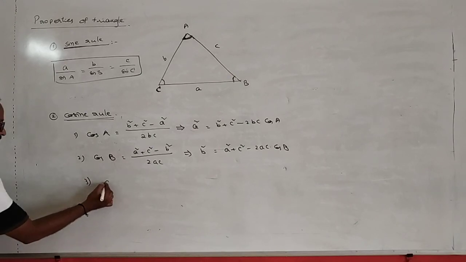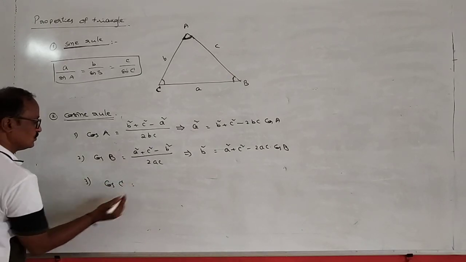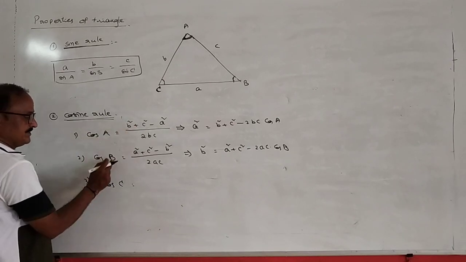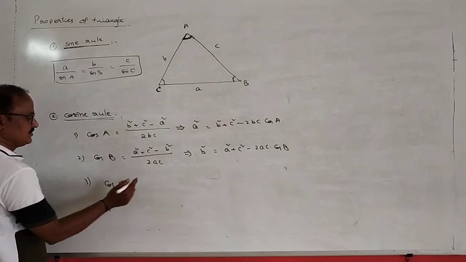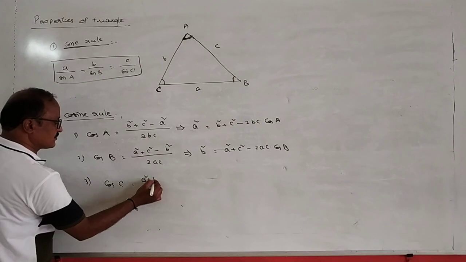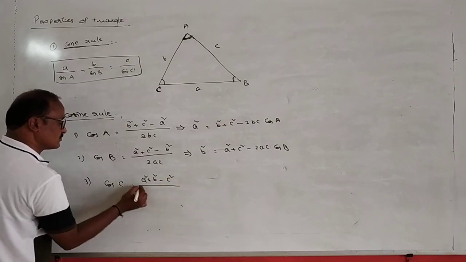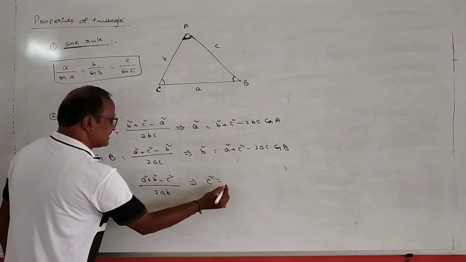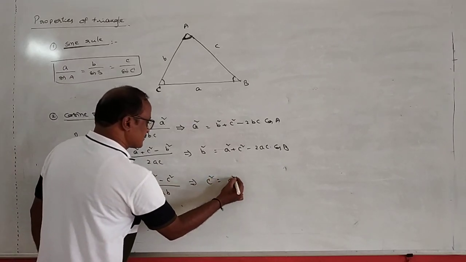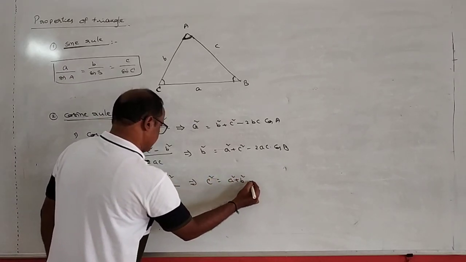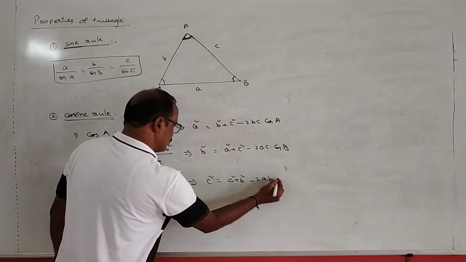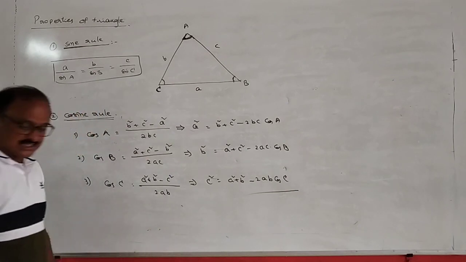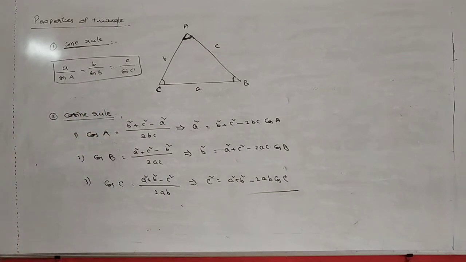And the third one, cos C is equal to a square plus b square minus c square by 2ab, or c square is equal to a square plus b square minus 2ab cos C. So these are the properties of triangles.